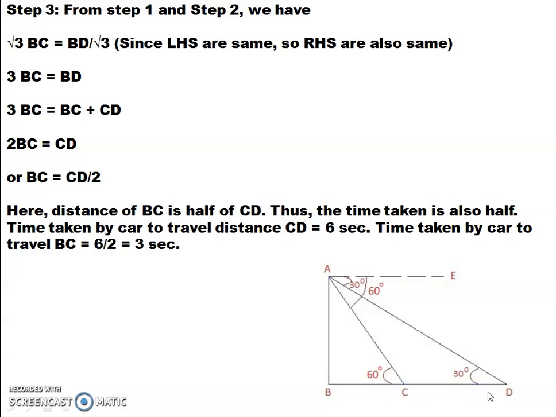So, what will be the time taken to travel from C to B? Half of that means half of 6 seconds. That is 3 seconds. Clear? This is a little bit long question. Please go through the steps very carefully.